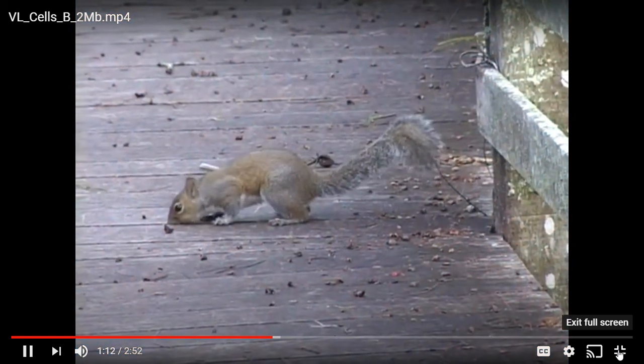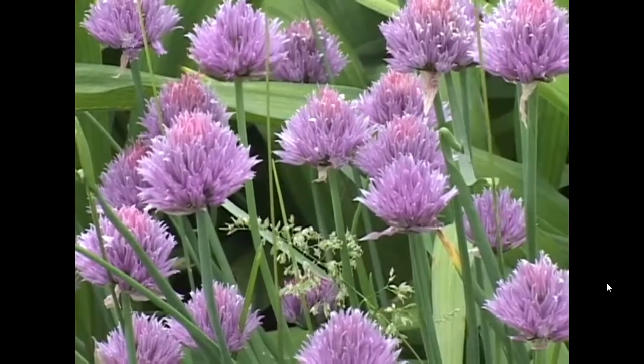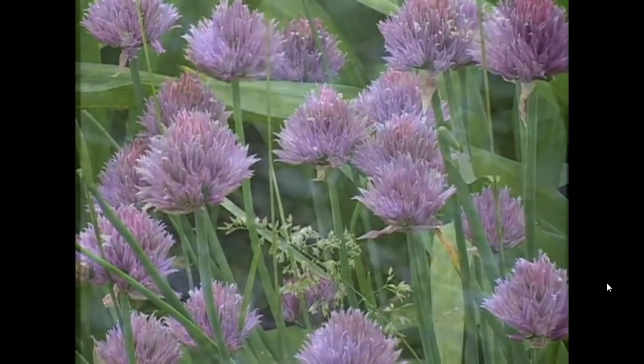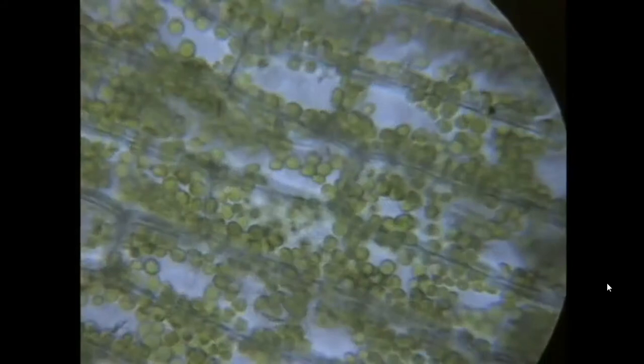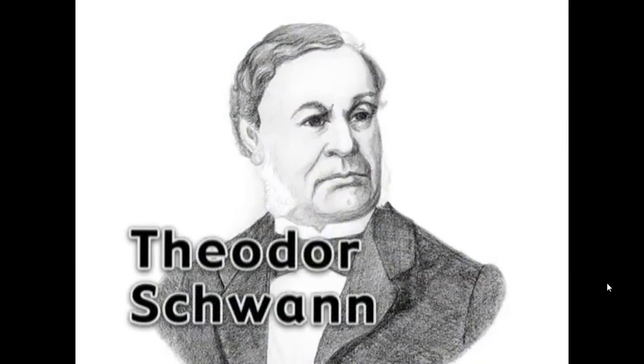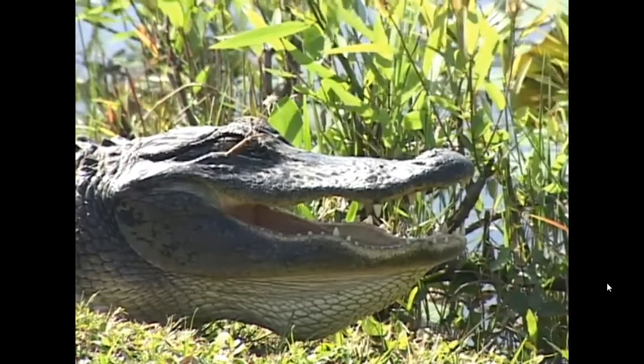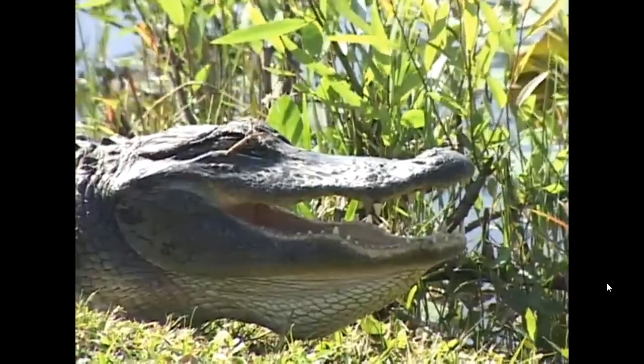Following the discoveries of Hooke and van Leeuwenhoek, it took scientists over 150 years to realize that all living things are made of cells. In the late 1830s, a German scientist named Theodor Schwann concluded that all plants and animals are made of cells.